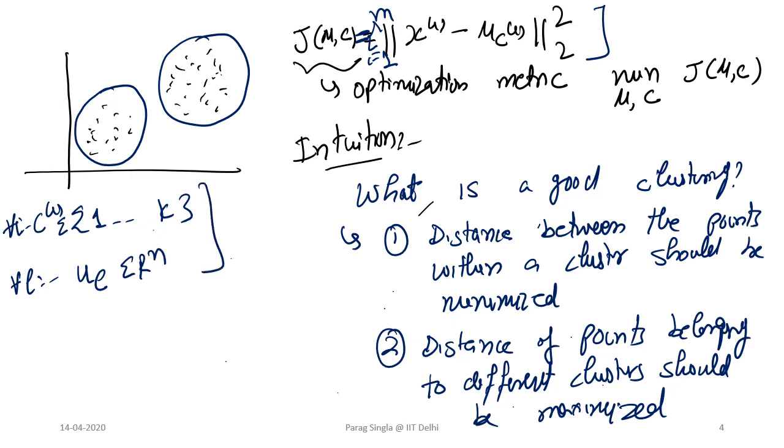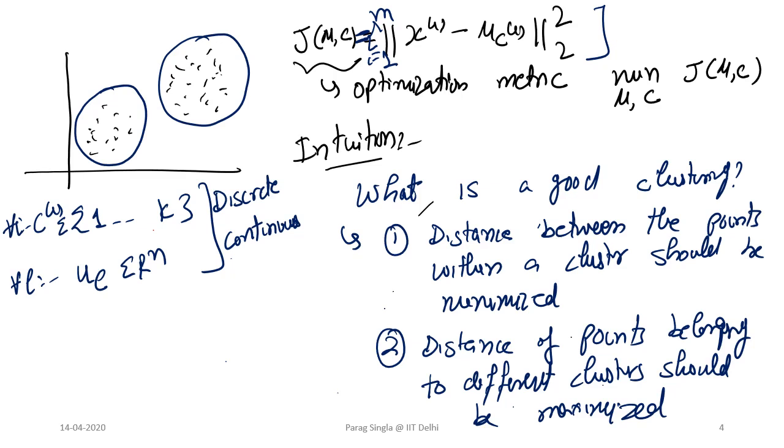So this is our optimization problem, where this is a discrete set of variables, and this is a continuous set of variables. And we would like to optimize this J(C, mu) over these two sets.